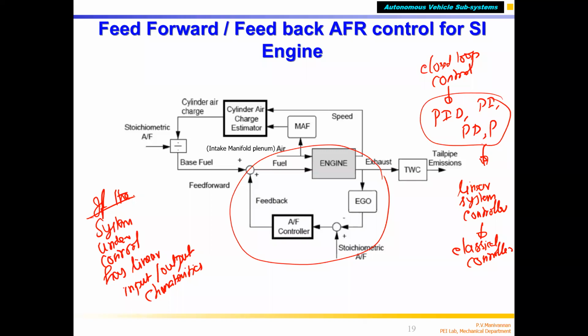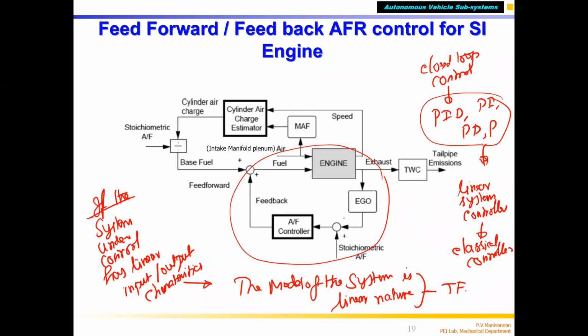So the other way around, if the model of the system is linear in nature, you know, linear equation versus non-linear equation, that's what we are talking about. Which means the transfer function, TF, is linear, then only can you use a PID controller, correct?